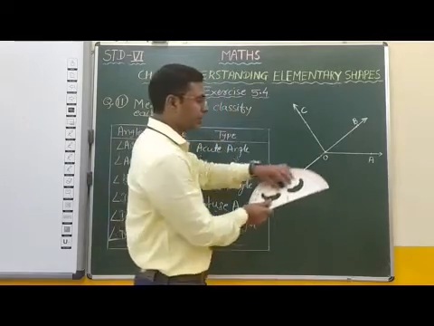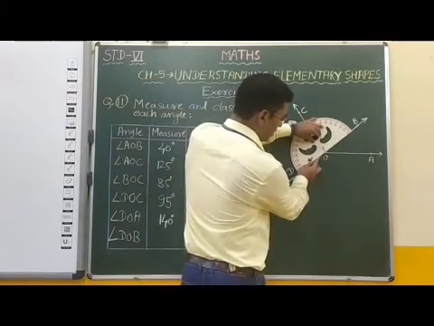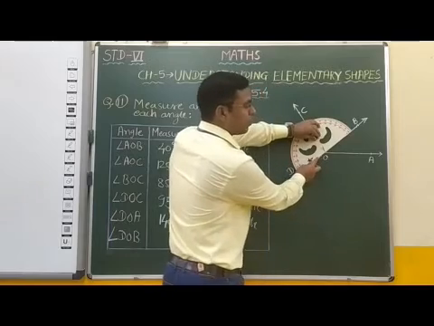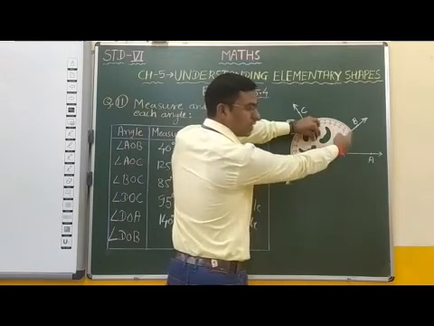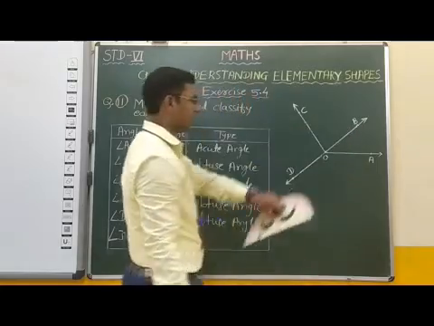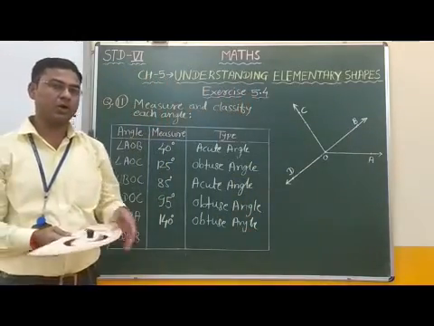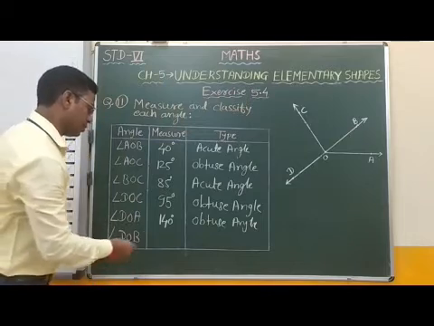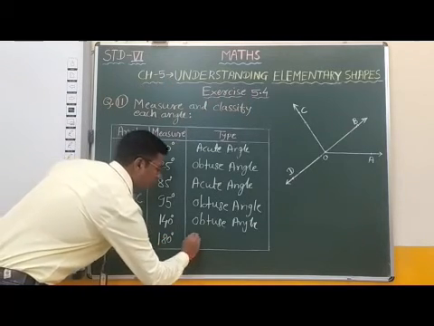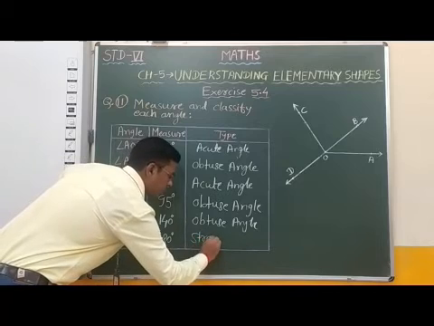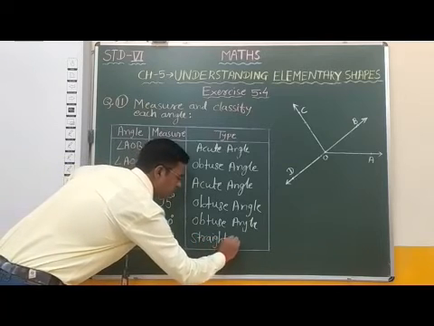If you want to measure, put this protractor here and count from the right side or left side. The measure of this angle is 180 degree. And a 180 degree angle is called a straight angle. Therefore, the measure of this angle is 180 degree and the name of this angle is straight angle.